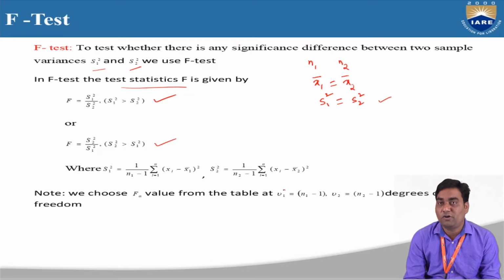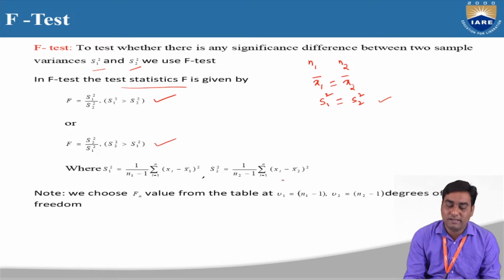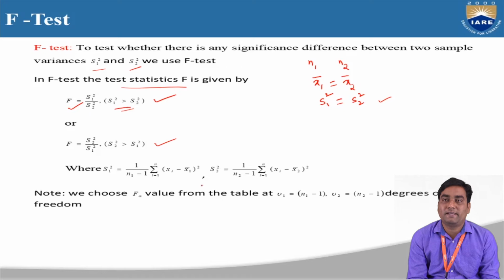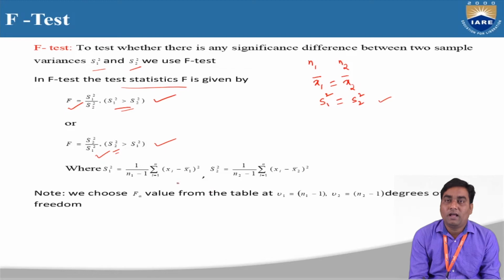We can choose either formula depending on this condition: if s1 square is greater than s2 square, we use F equal to s1 square by s2 square. If s2 square is greater than s1 square, we use F equal to s2 square by s1 square.